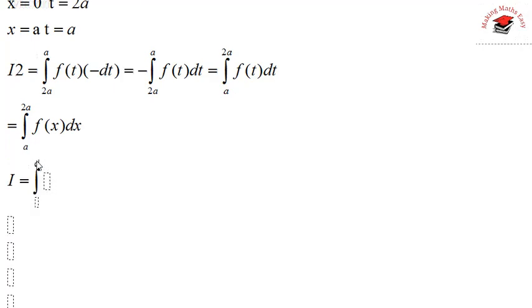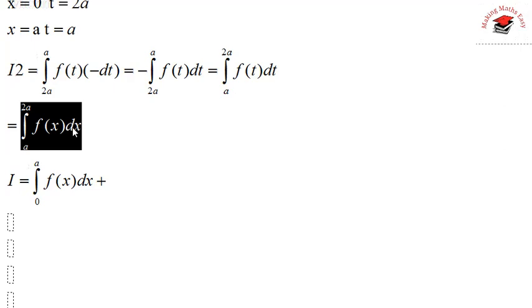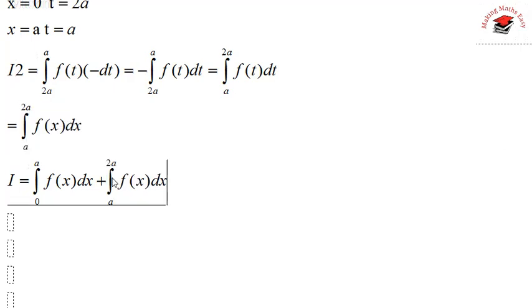a to 0 f of x dx plus again integration of 2a to a f of x dx. So now we are going to simplify this integral, as the integral of f of x is equal to g of x, and we will directly put the limits as g of a minus g of 0 is my definite integral of this.